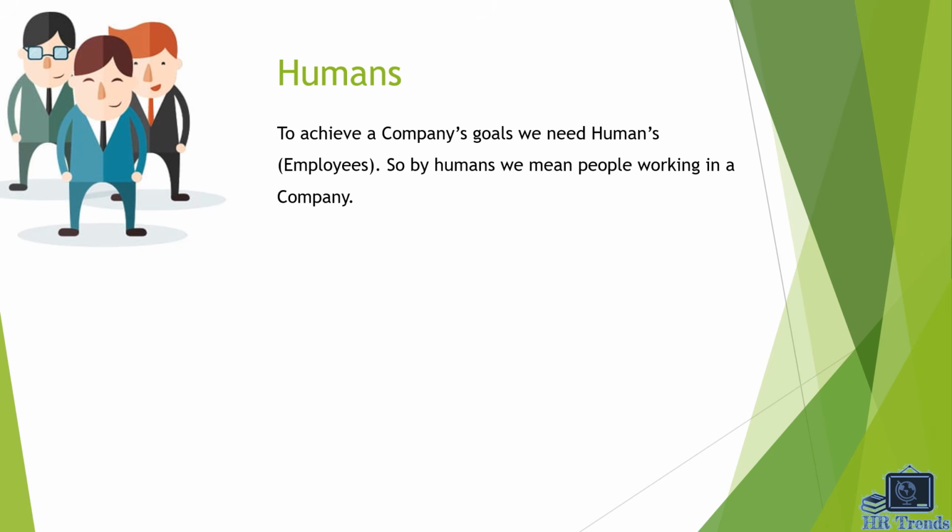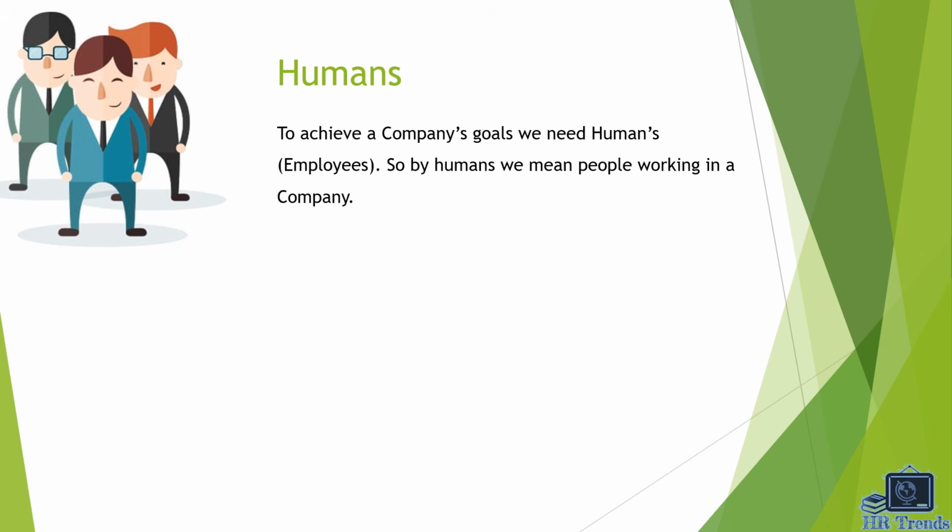As we have seen, human resource management is a combination of three words, as you have also seen in the previous slide. So here is the first word used in human resource management, which is humans. Let us define the first word in human resource management.